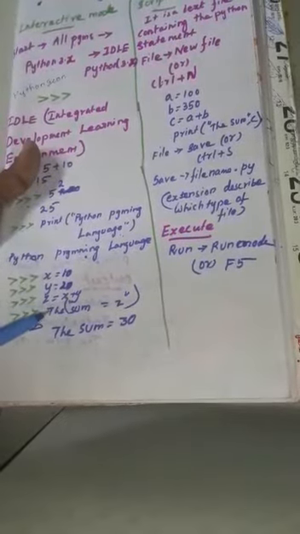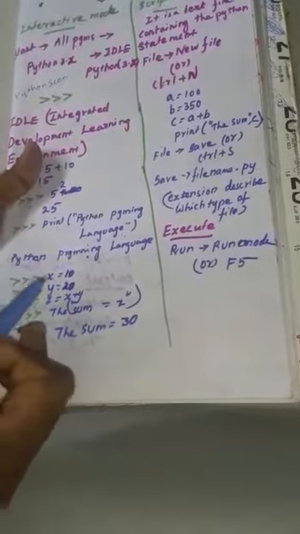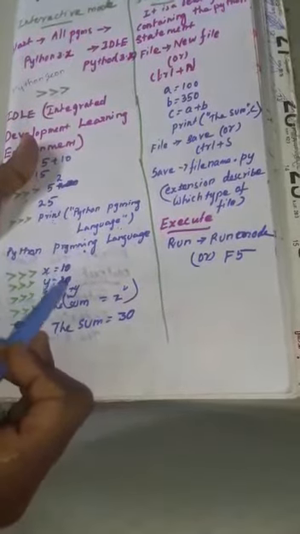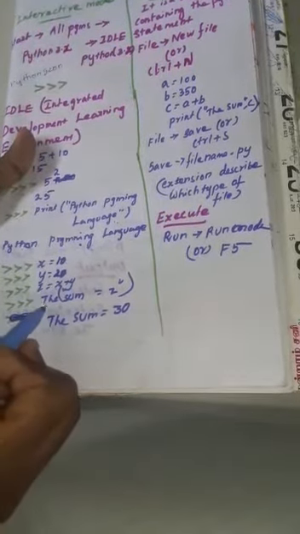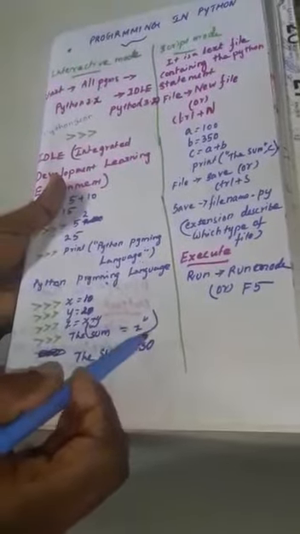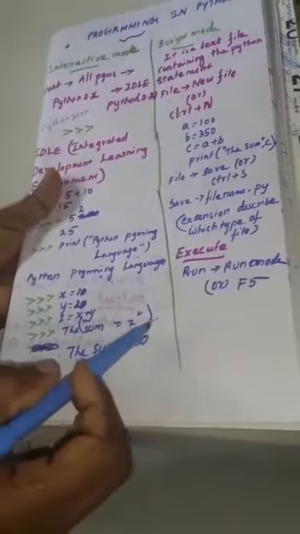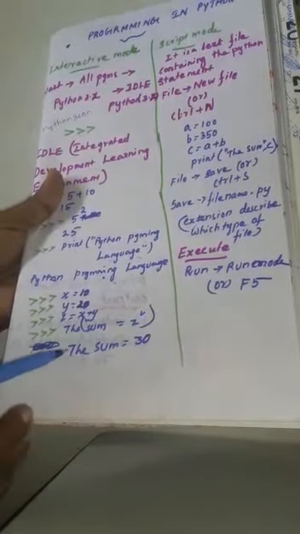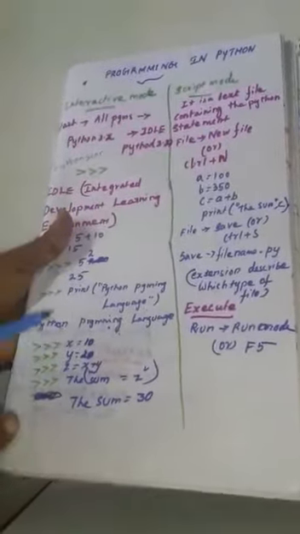Then type z equal to x plus y. Last line: print the sum equal to z. What is the output? The sum equal to 30. Press the Enter key and the result will be displayed on the screen. This is the interactive mode.